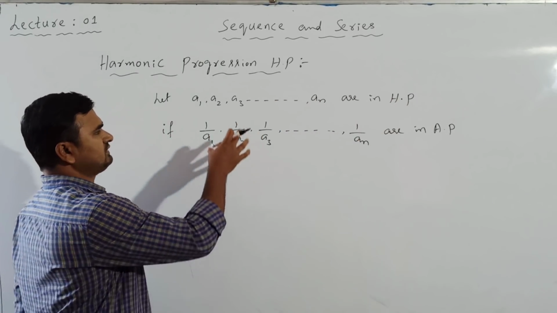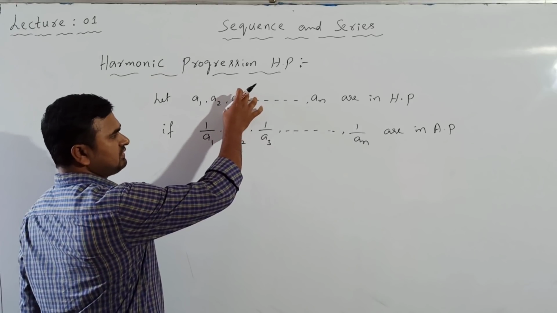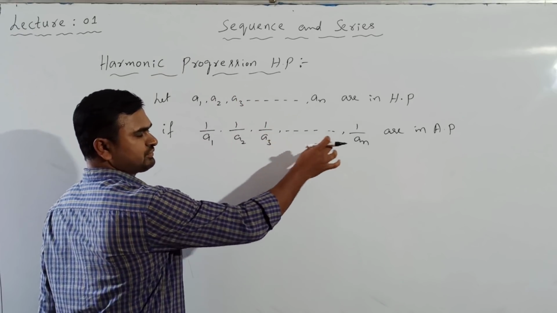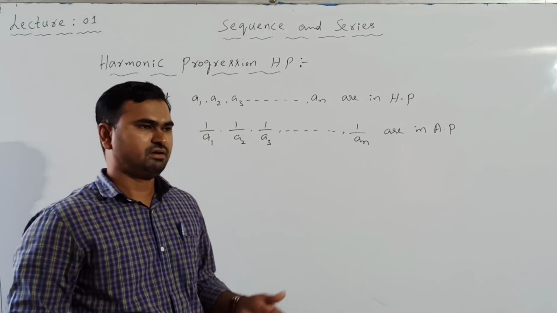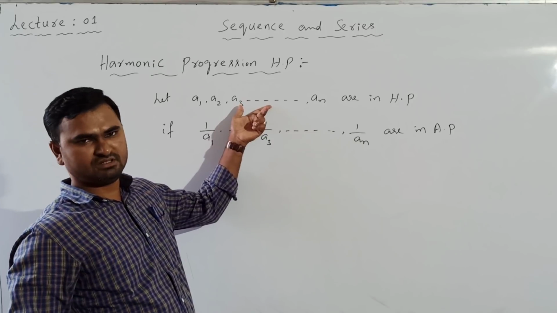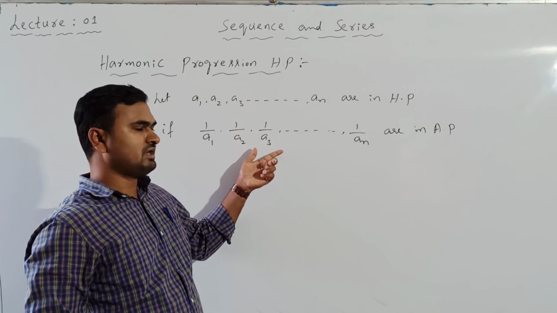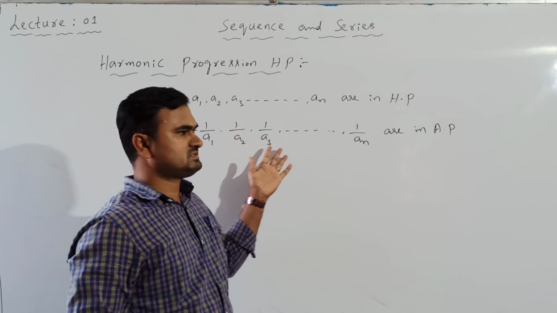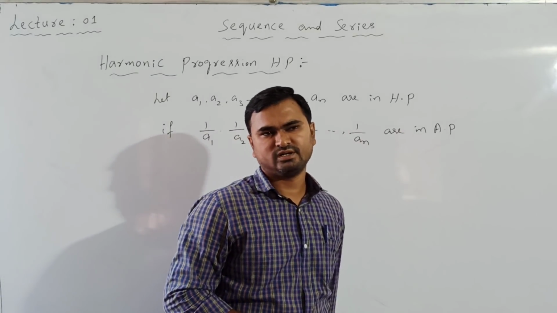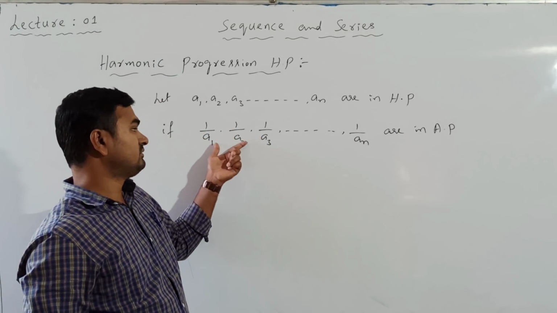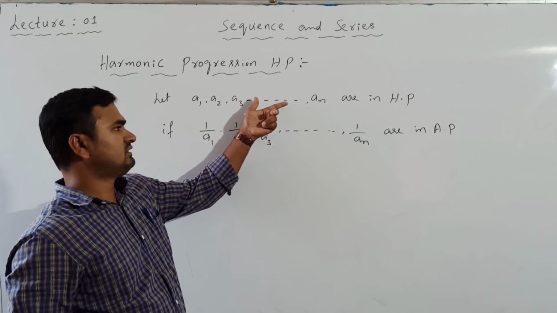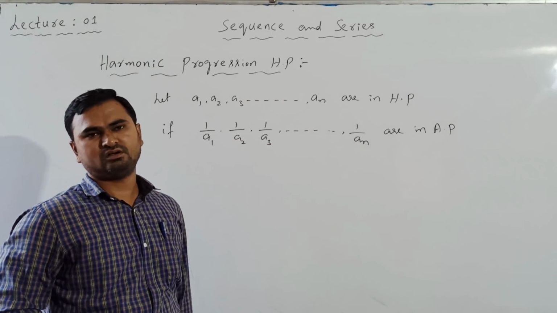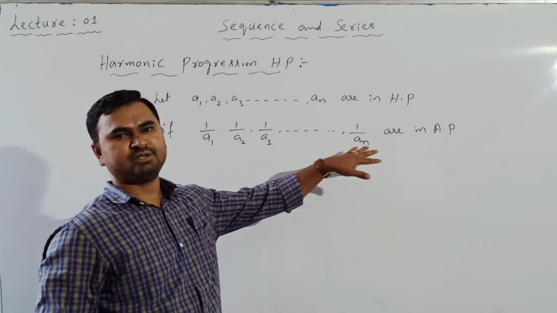Any problem in harmonic progression, we can convert to arithmetic progression just by taking the reciprocal terms. Take the reciprocal terms of HP, then we will get the AP terms. Now if the terms are in AP, we already know the formulas to solve problems based on AP. So problems given in harmonic progression are usually solved by converting into arithmetic progression.